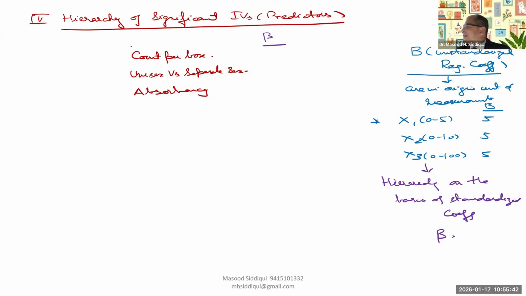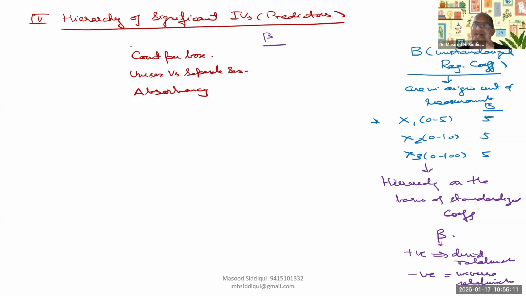Now here, we consider the absolute value of beta. Why? Because the sign, if beta is positive, gives us a direct relationship. Direct relationship means the change is in the same direction. If beta is negative, it gives us an inverse relationship.